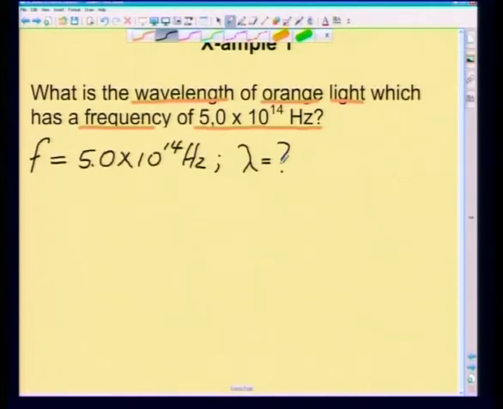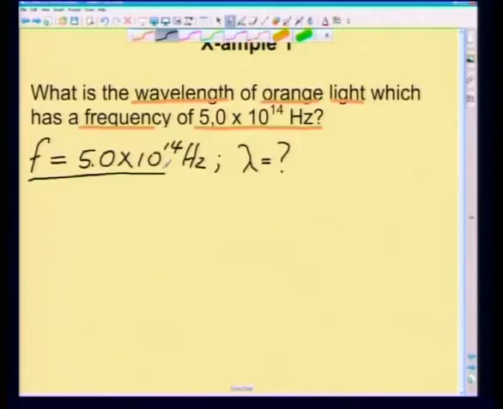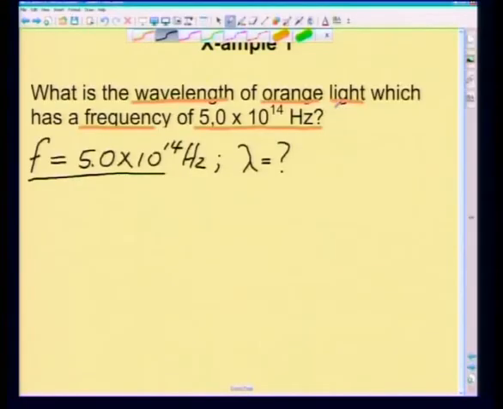Now, if you're looking at the information given to us, you would say, but how are we then going to calculate this unknown, the wavelength, when we are only given one value, which is that of the frequency? I hope you can quickly answer that question yourself. The reason is that we don't have to give you the speed of light here because it's a constant and it's given to you.